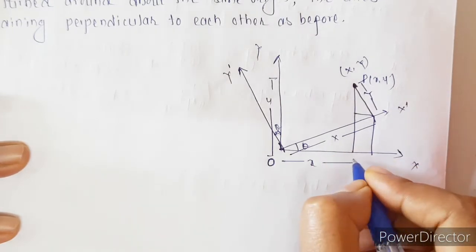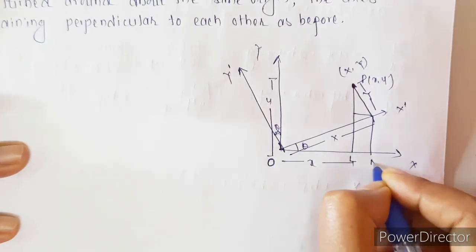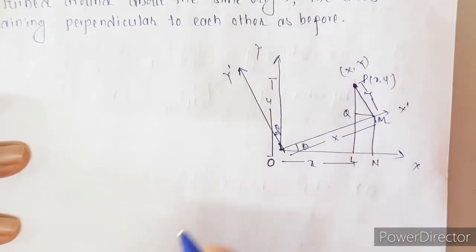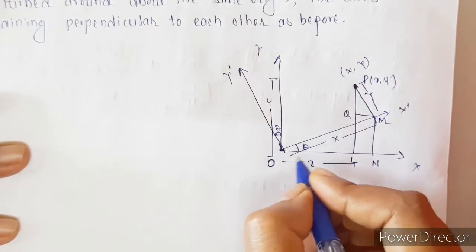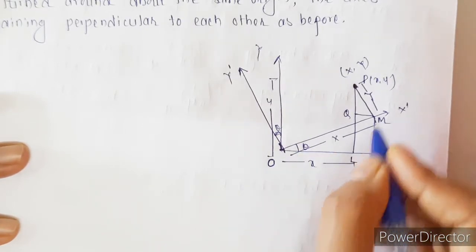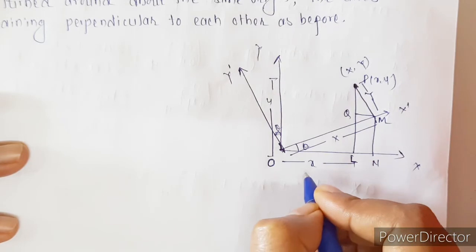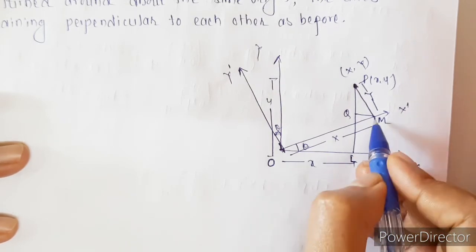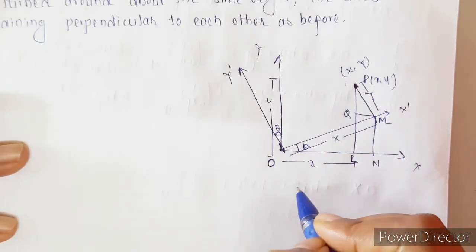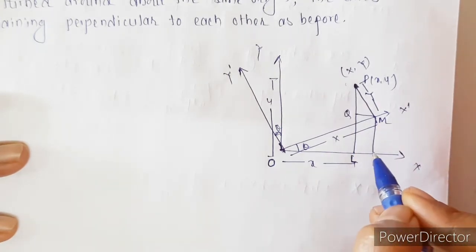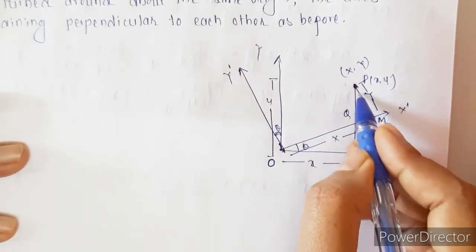I am marking this as L, this as N, this as M, and this as Q. Now the distance from O to M is capital X, from O to L is small x, M to P is capital Y, and L to P is small y.